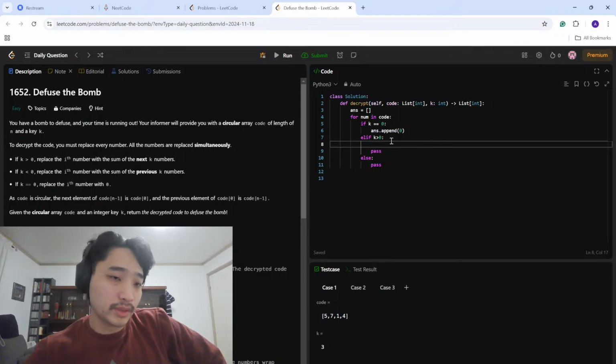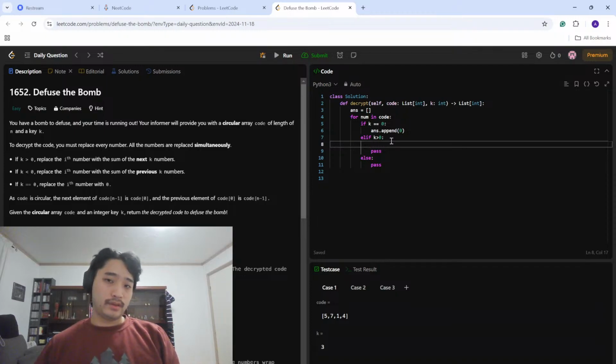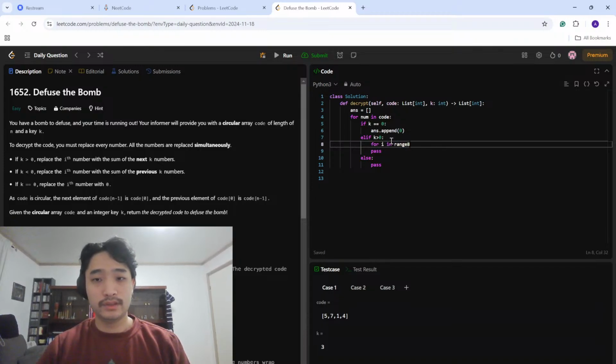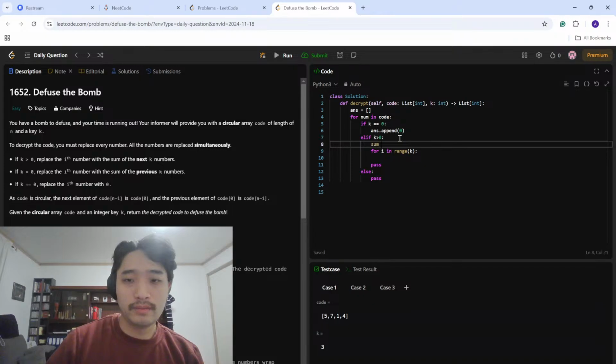I think some brute force will work, because I'll get 3 next, so okay, for e in the range of k, sum equals 0.